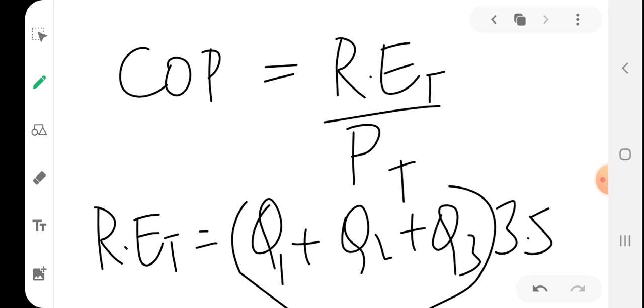So with this I will conclude this session. There are a lot of combinations in the case of multiple evaporator systems, I think more than 6 or 7 combinations.